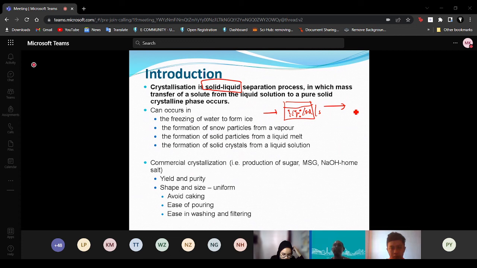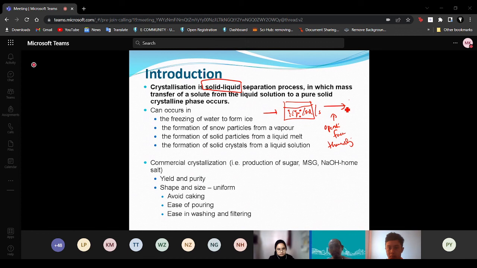That solute has a tendency to become crystal, to become solid, by manipulating certain operating parameters. Let's say you cool down, or you heat up, or you apply some pressure, so that it can force the solute to become solid in the form of crystal, with some operating force or other thermodynamic factors.